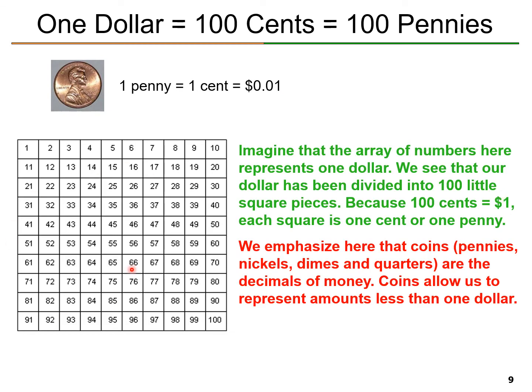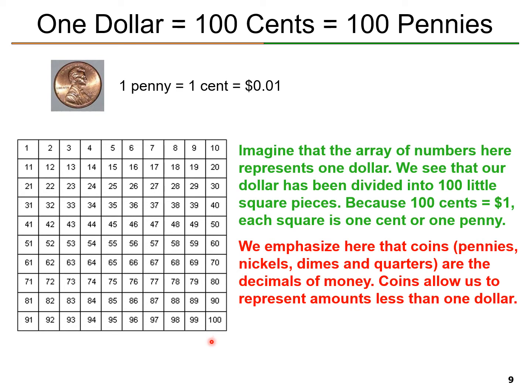Now imagine this array, which is an orderly combination. Imagine this array of numbers represents $1. We see that our dollar has been divided into 100 little square pieces.